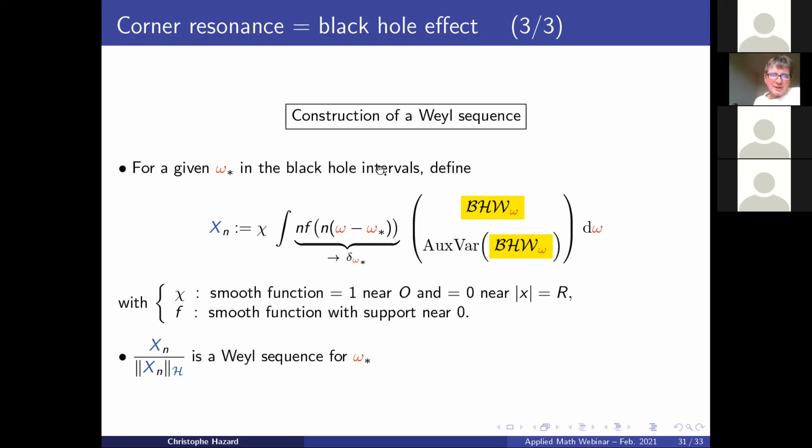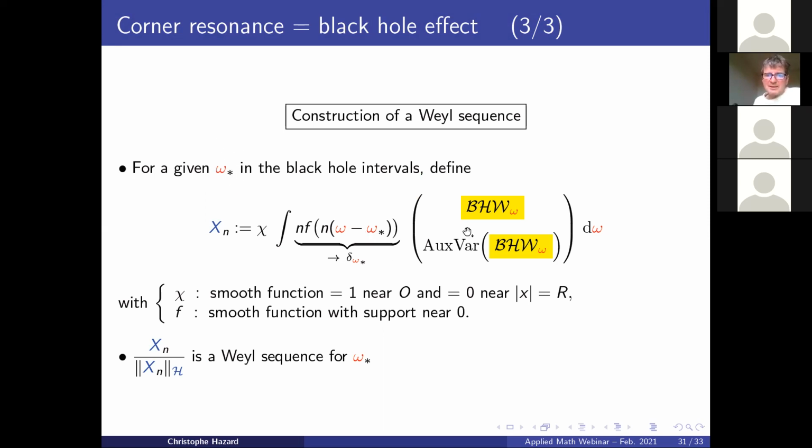It cannot work, and actually we can show that it is impossible to use this technique. What we are going to do is, when I look for a Veil sequence for a given omega, let's say omega star in my black hole interval, I'm going to use a superposition of the black hole wave in the vicinity of this particular value.